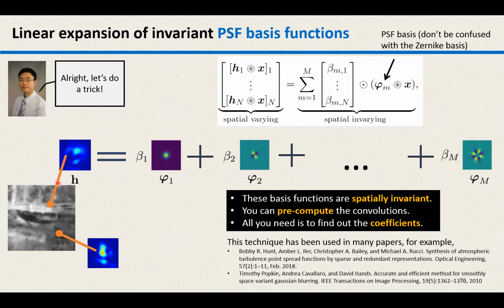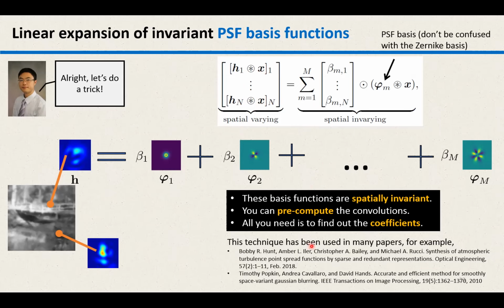Then you'll be able to form this combination. And you don't even need to calculate the PSF explicitly. You can directly get the blurred image using this combination of basis idea.